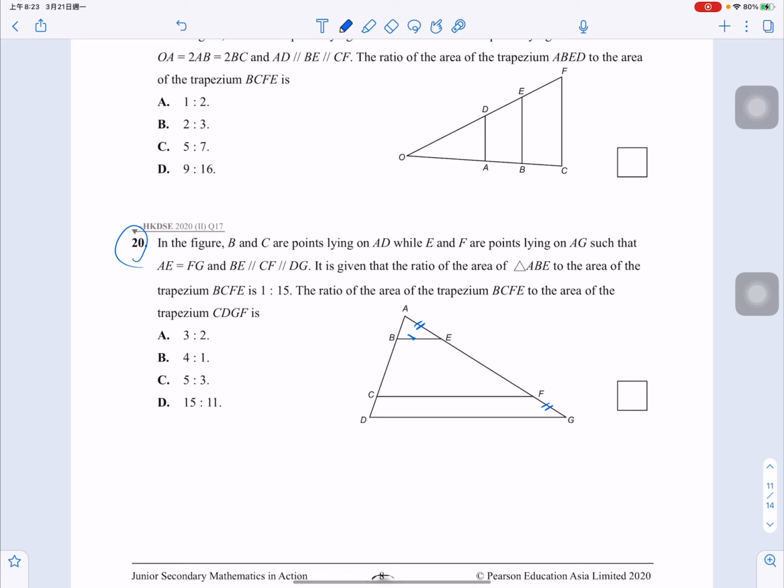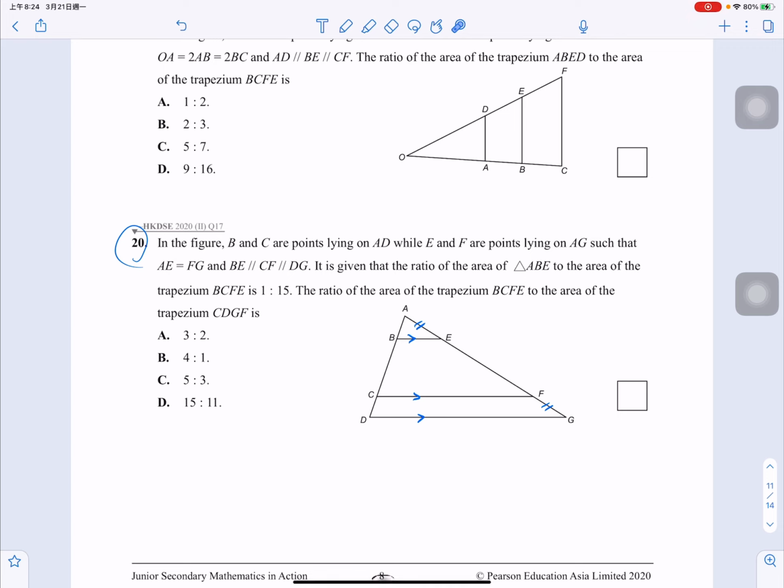So this one, and this one. Given that the ratio between the area of ABE, this one, and the area of trapezium BECF is 1 to 15, then the ratio of the area of trapezium BCFE, that means just now this one, to the area of trapezium CDGF. That means the ratio of the two smaller trapeziums.